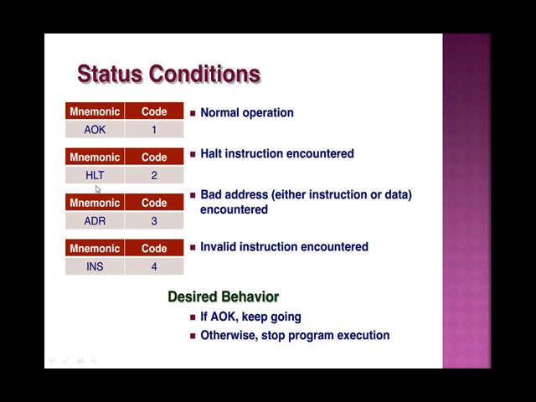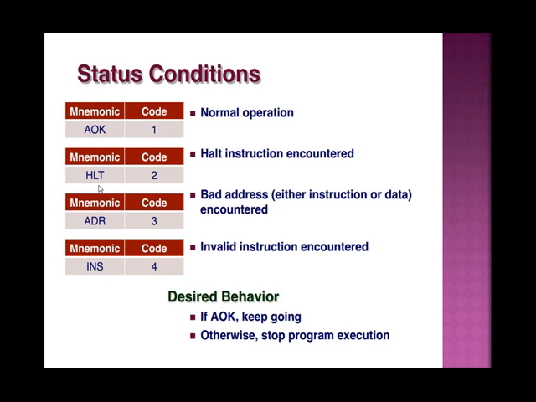Next is HLT, that is used for halt, and the code is 2, that is halt instruction encountered. Next mnemonic is ADR, that is bad address, either instruction or data, encountered. Next mnemonic is INS, that is invalid instruction encountered. These are the multiple status conditions like AOK, HLT, ADR, INS.